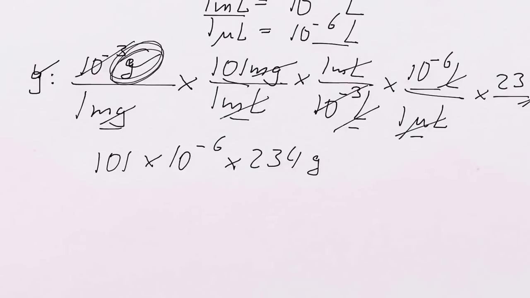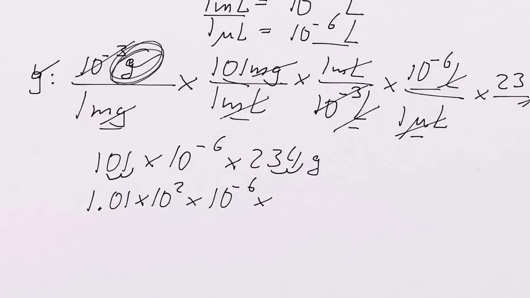We can actually have a little bit of fun. So we can calculate, we can write this as 1.01 times 10 to the 2 times 10 to the minus 6 times, and we can write this as 2.34 times 10 to the 2 gram.